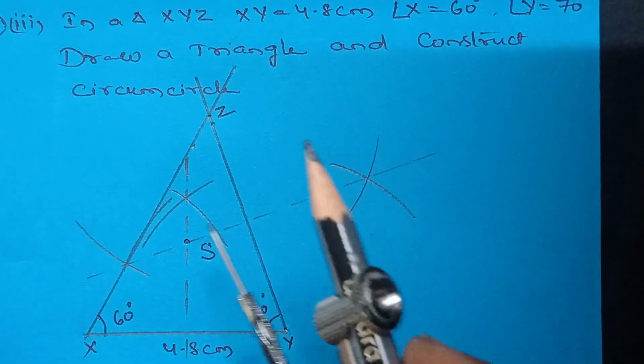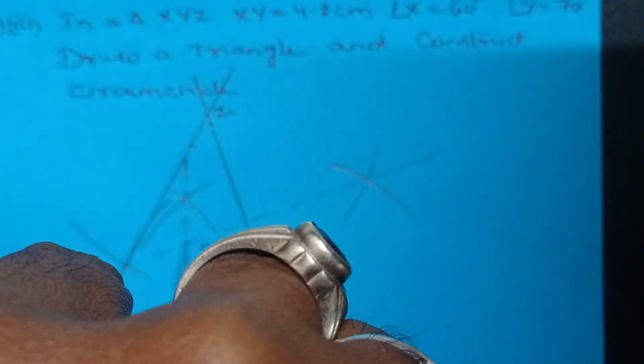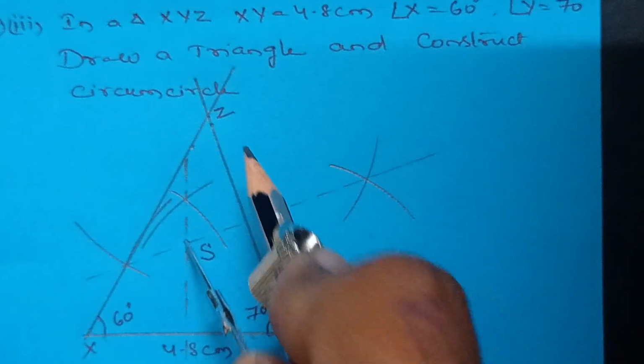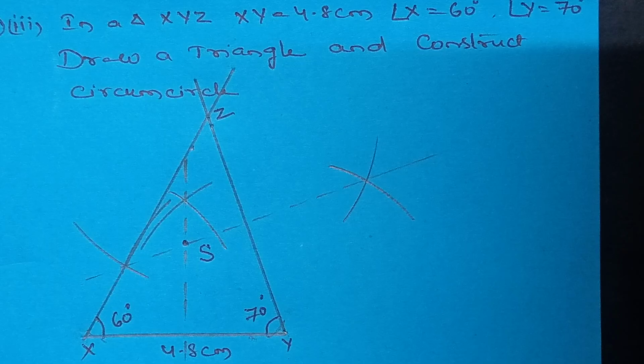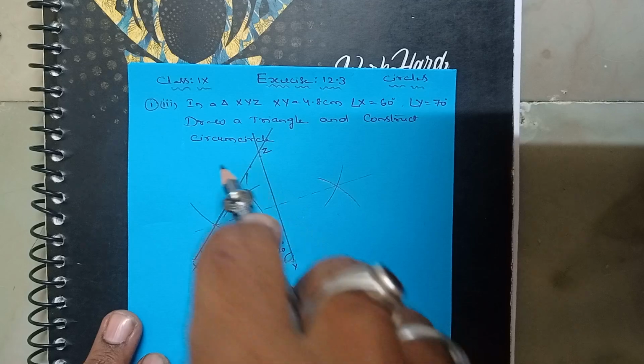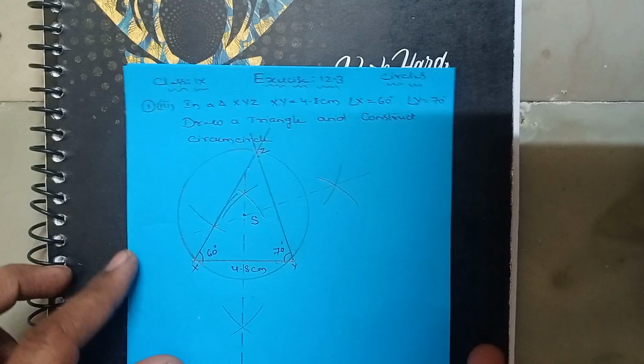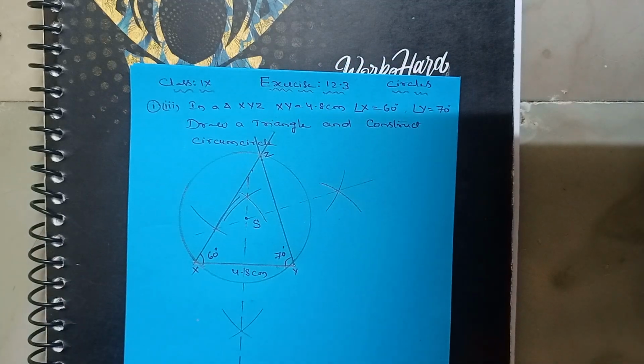Now with S as center, the radii SZ, SX and SY are the same, students. With S as center, draw the circle. This is the circumcircle, students, for the given dimensions.